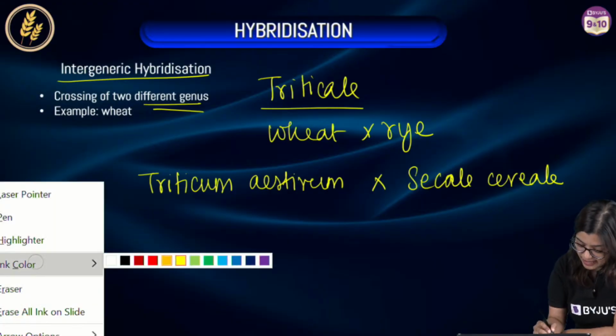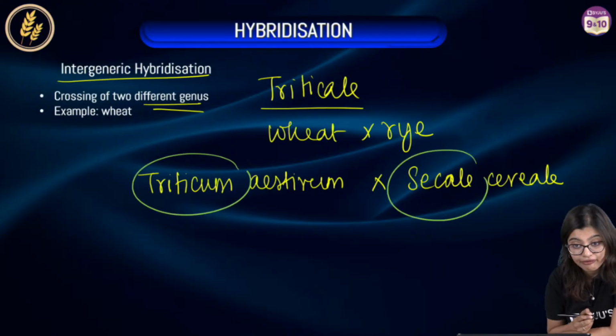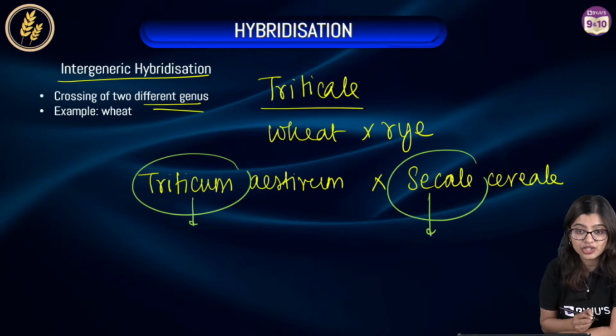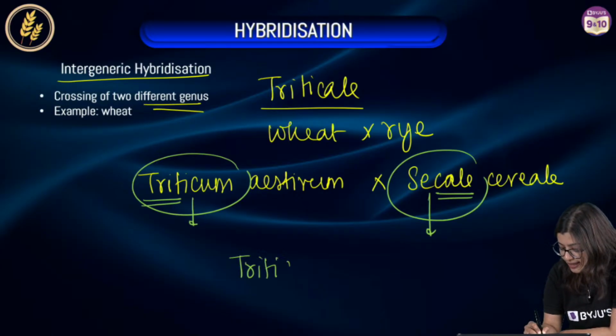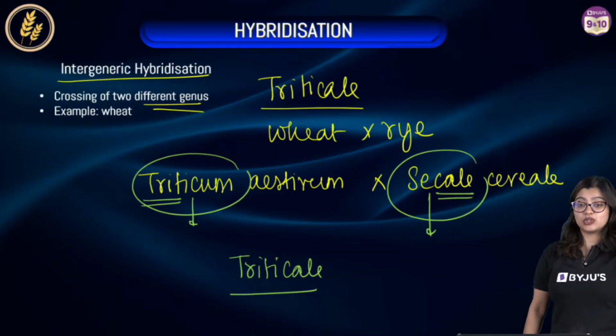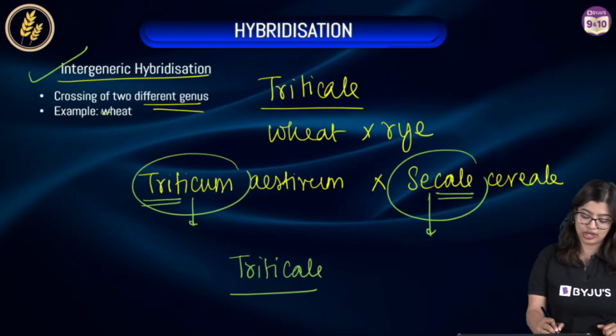Now here what have they done? The genus names are different, right? Here this is one genus, this is another genus, right? So that's why what we get is triticale. And we see that this right here is what we call as intergeneric hybridization.